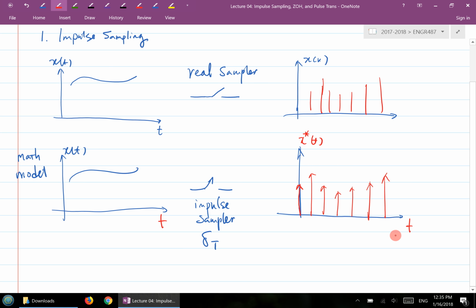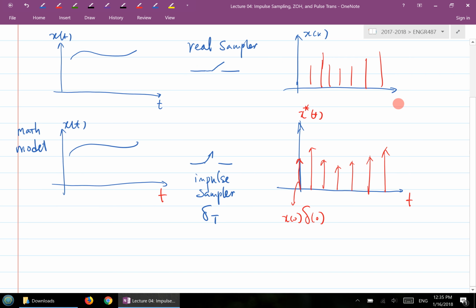Now, each one of the impulses you can always represent. For example, the first one you can call x naught times delta naught. This is an impulse, a Dirac delta signal.